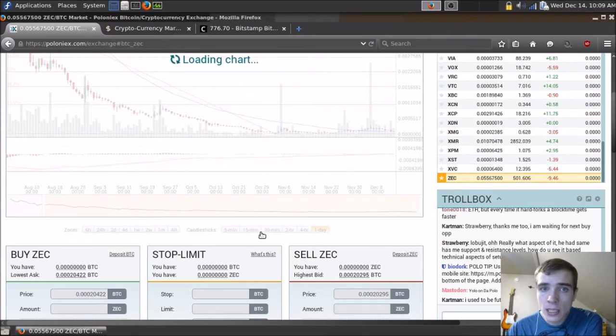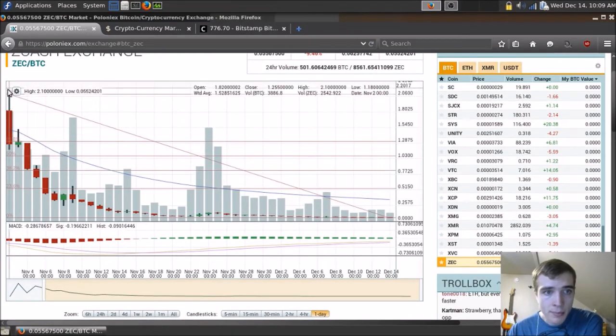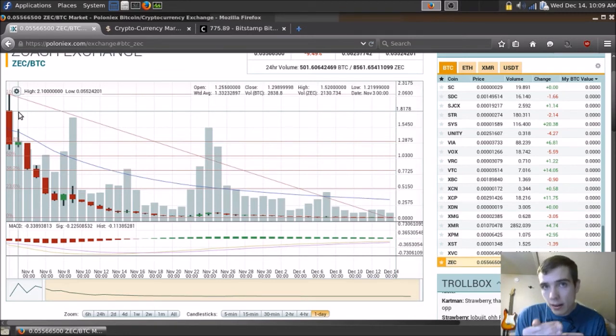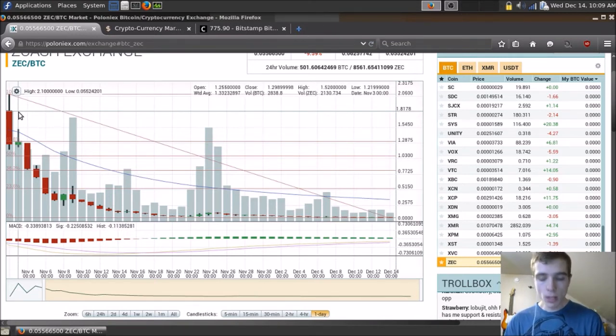That's why Zcash is a big giant downtrend, because it started with a really low available supply, and the mining inflation, the natural inflation of the coin, as the available supply grows, meaning more coins get mined by miners confirming transactions, then as the available supply goes up and up, the amount people are willing to pay for that becomes less and less, because there's more for people to have.